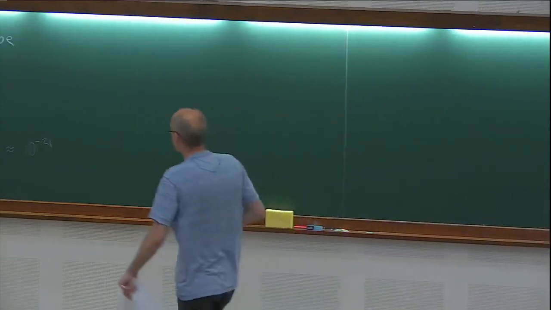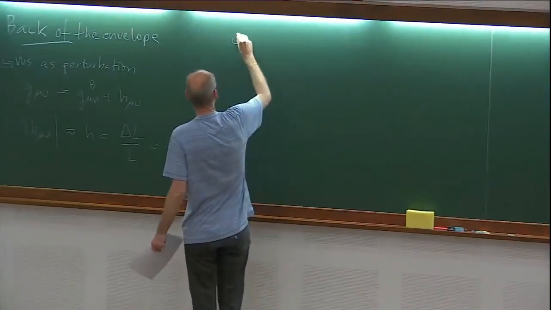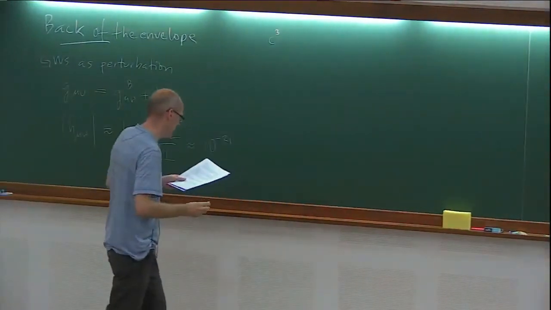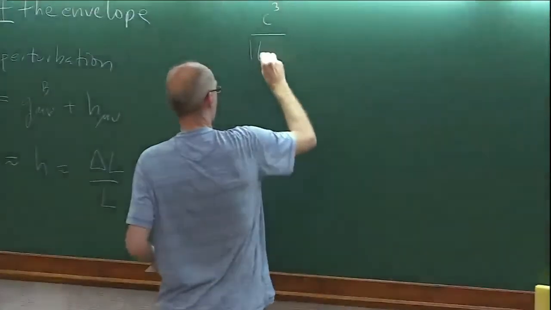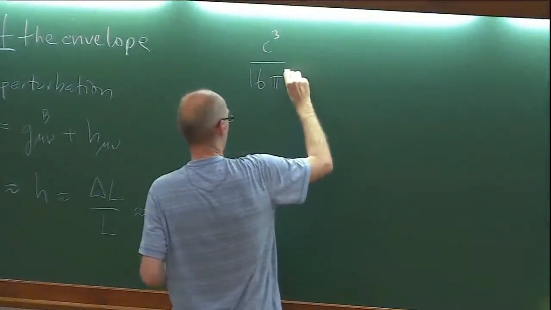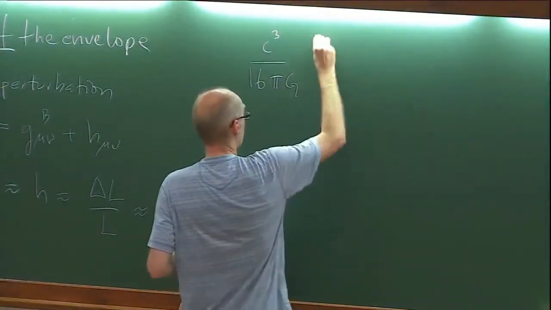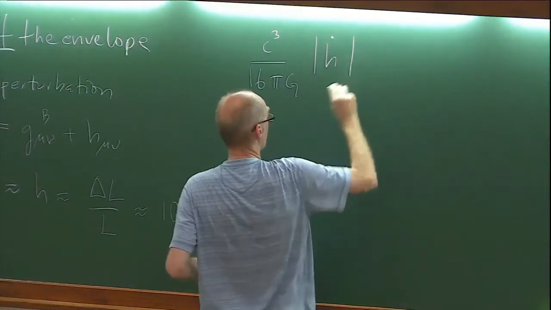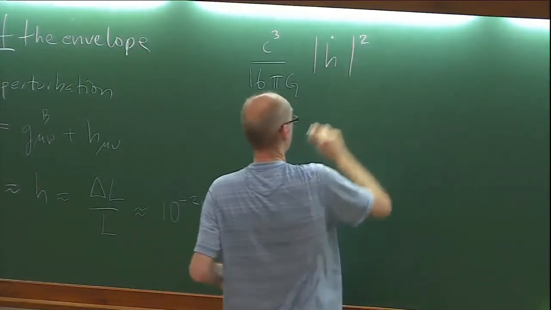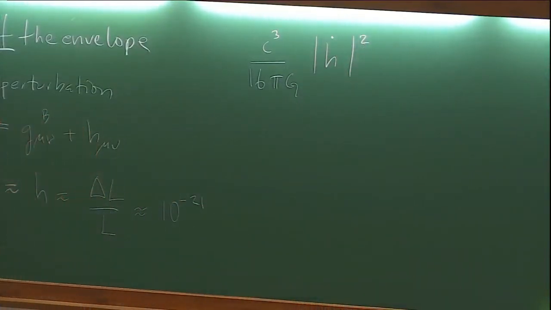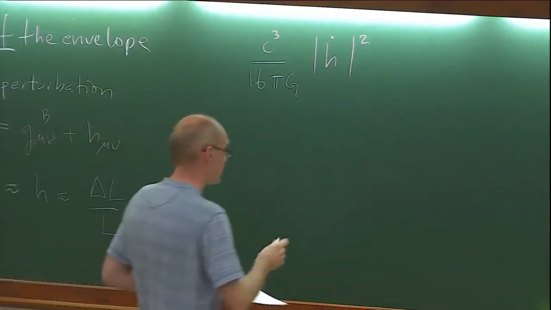If you do it in full detail with all the c's and the G's, we have c^3/(16πG) times ḣ, the time derivative of h, squared, to make it the energy I want.